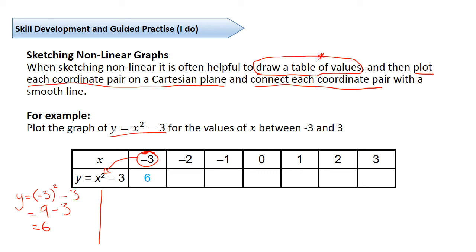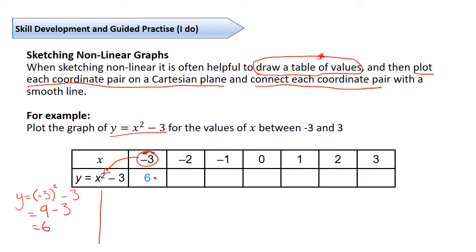So this part might be a little bit more tricky, okay? There's a squared in there, and it'll take some time for us to get used to evaluating functions like that. But it's nothing new. It is still evaluating, it's still finding the y value, and then filling in our table, plotting those values.